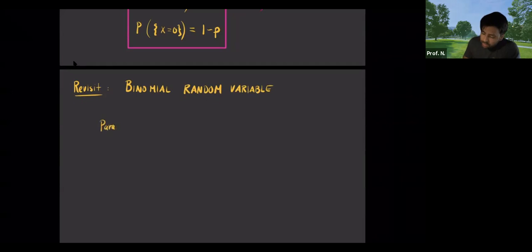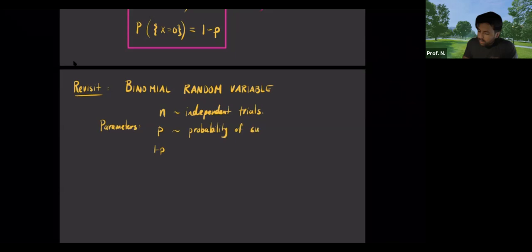What are my parameters? We have n, we have p, we got 1 minus p. So n are the independent trials that we have. P is the probability of success. And 1 minus p is the probability of failure.